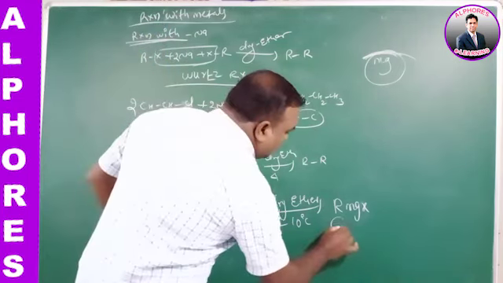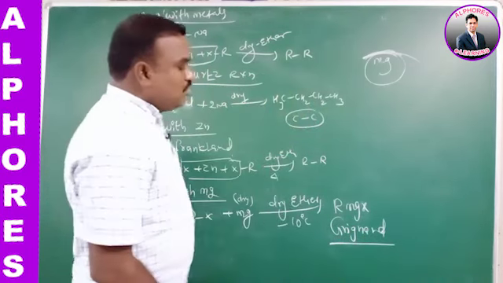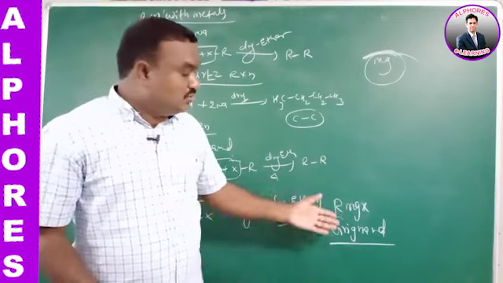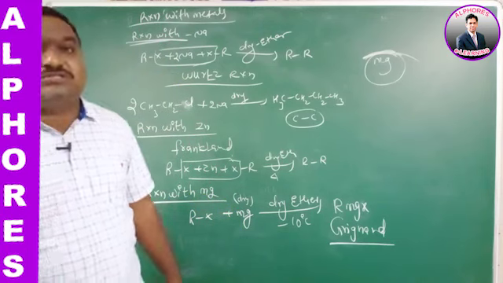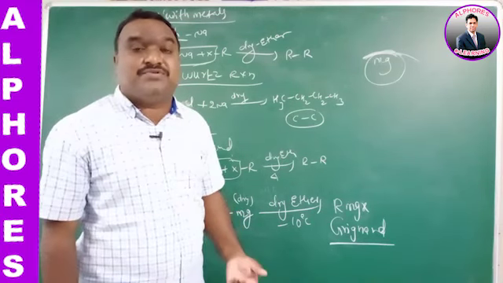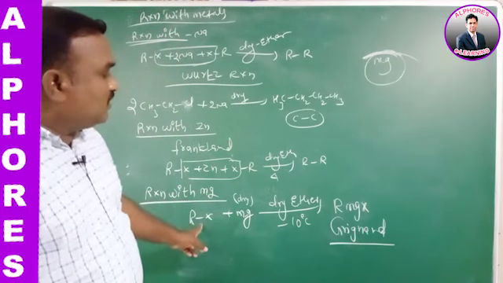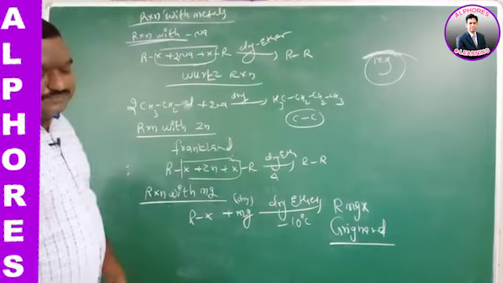RMgX is called what? Grignard reagent. Grignard reagent, one of the important reagents. By using that reagent, we can prepare so many organic compounds by different methods. So Mg reacts with alkyl halide to form the RMgX Grignard reagent in this case.